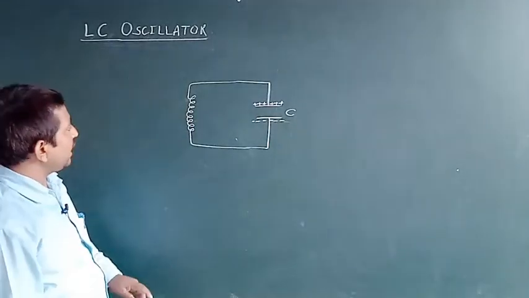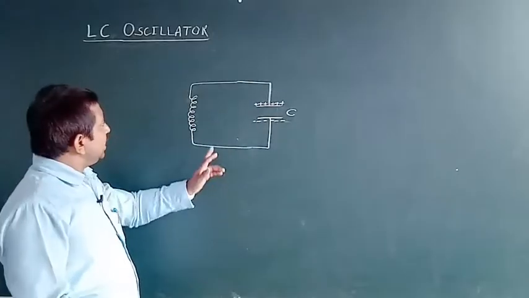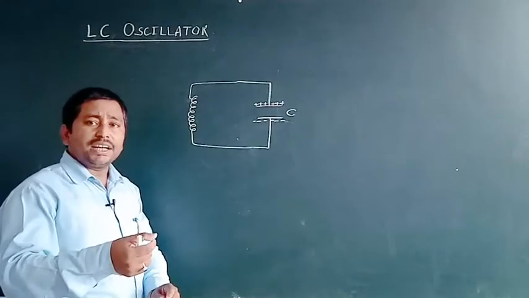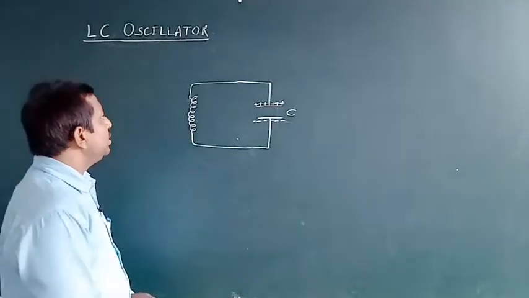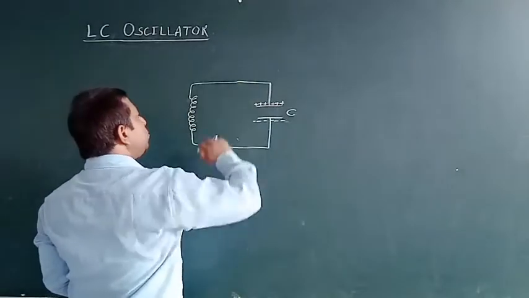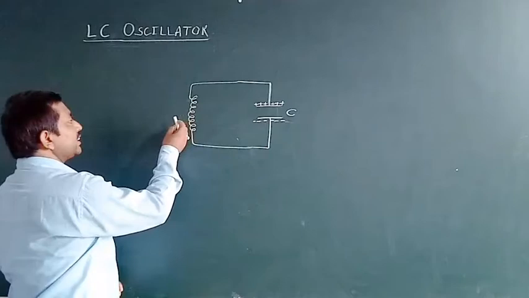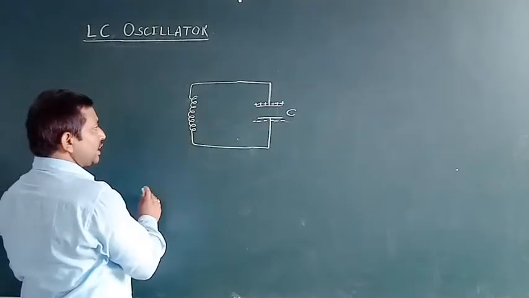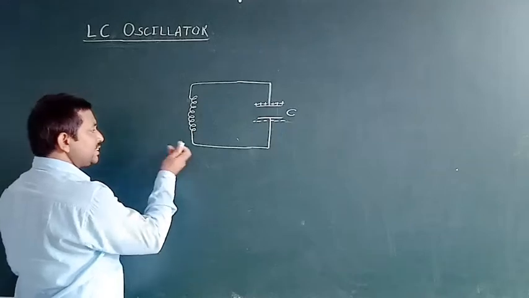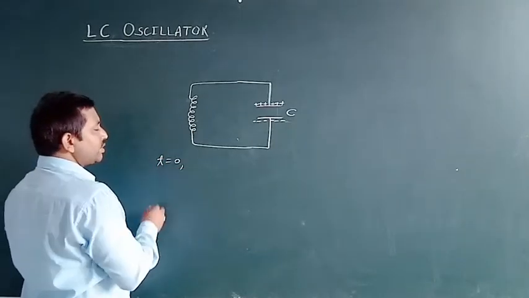So with respect to time, the current through the inductor increases continuously but slowly. Suppose that when the capacitor is fully charged and the inductor has no current through itself, this is the time t equal to 0.